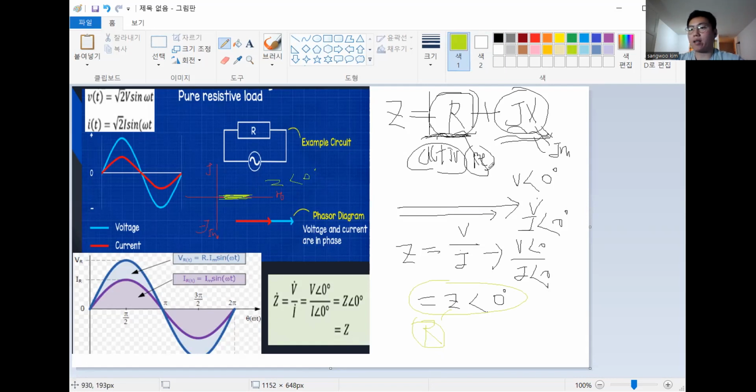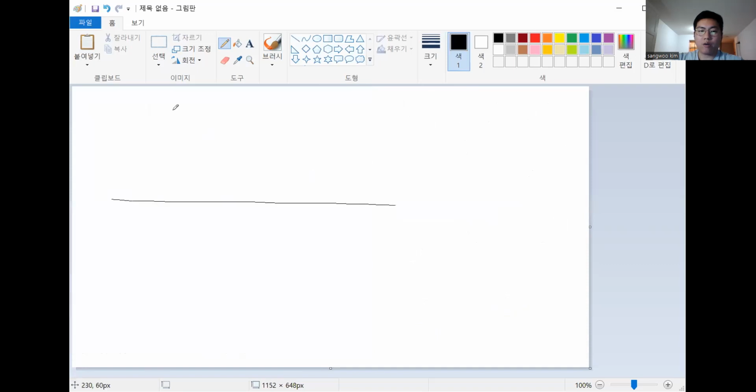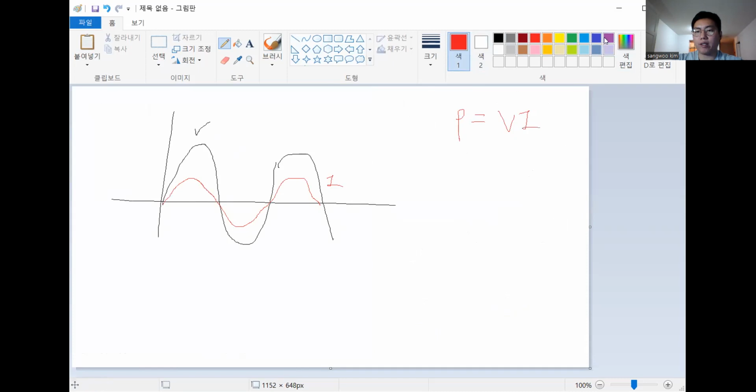So it has to be the loss by heat, or it should be an actual use. You know what I mean? So for example, look at that. Since I said in phase, this is V and this is I. The power equals VI, right?